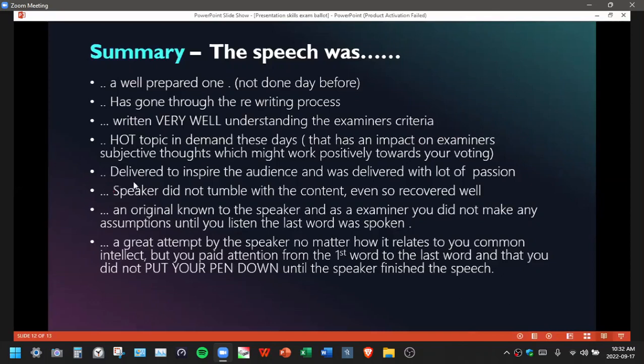And as for the fifth point, make sure you are delivering your speech to inspire the audience, and you deliver it with a lot of passion, and make sure that you don't tumble with the content, which means you don't fall suddenly with the content, but you manage with a good structure.